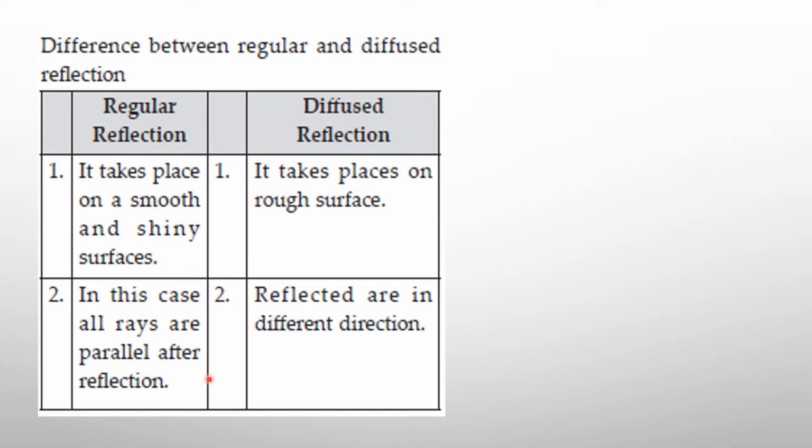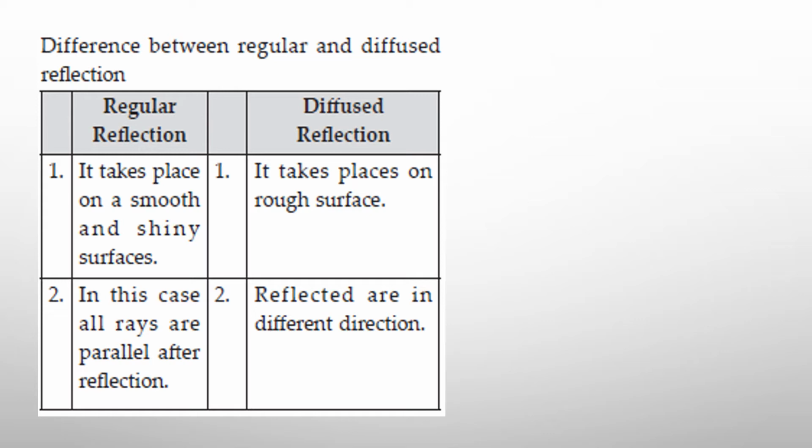In regular reflection, all the light rays of the reflected beam are parallel to each other after reflection. In diffuse reflection, the light rays of the reflected beam are not parallel to each other and they are in different directions. So these are the differences you find between regular reflection and diffuse reflection.